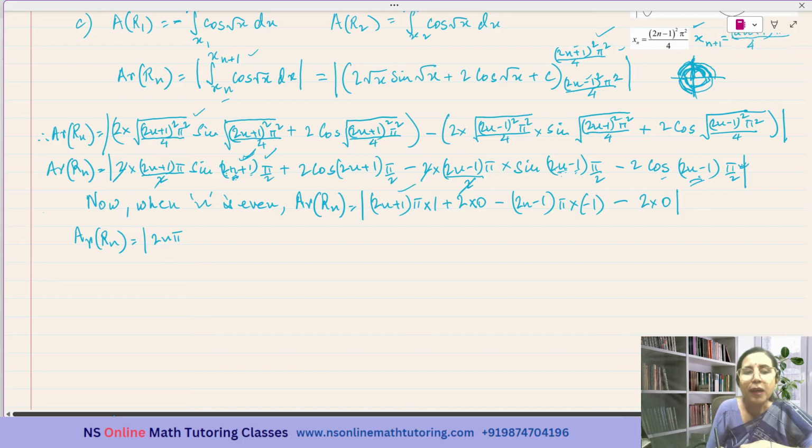I'm just expanding this part. 2n pi plus pi, and this is 0. And this one, this is negative 1, and this is another negative sign, so it will be positive. So it is positive 2n pi and minus pi.